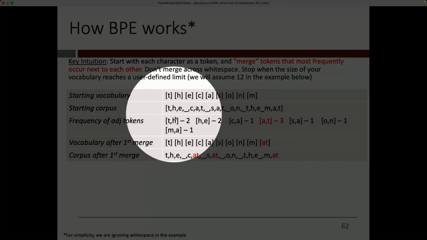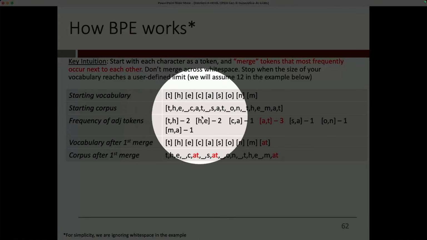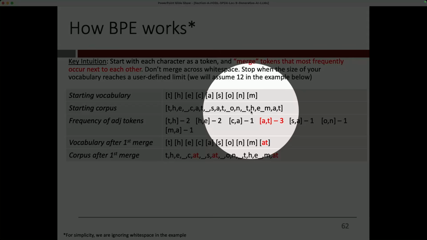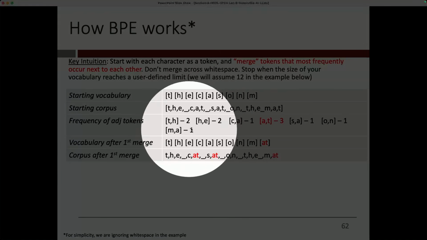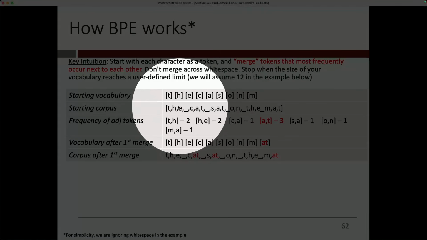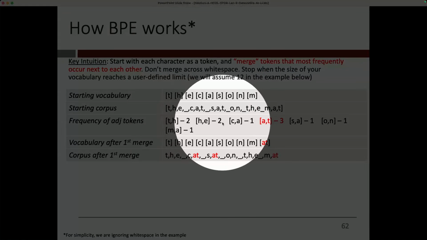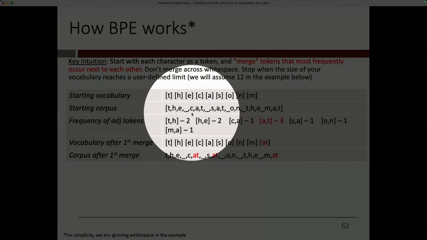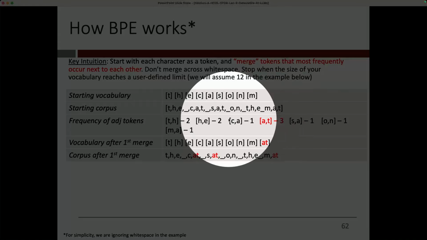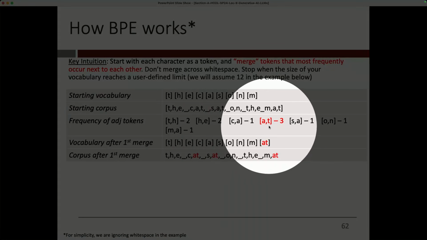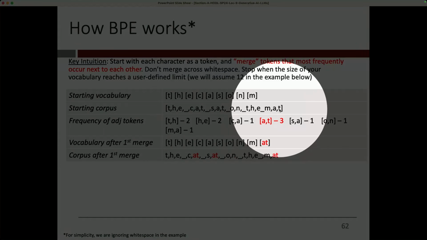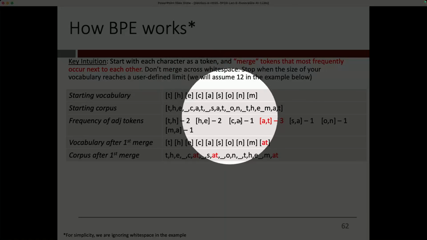If you look at TH, it shows up right after each other here. It also shows up here. So it shows up twice. Now HE, again, is showing up here. It's also showing up here. So that also shows up twice. CA, on the other hand, is only showing up here. It's not showing up anywhere else, so it shows up once. AT shows up 3 times in MAT, SAT, and in CAT, and so on and so forth.